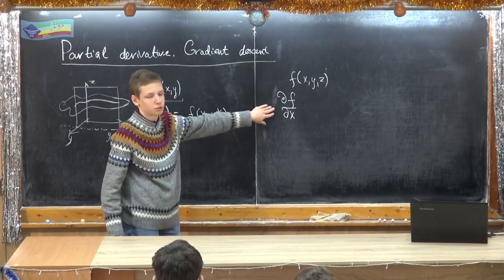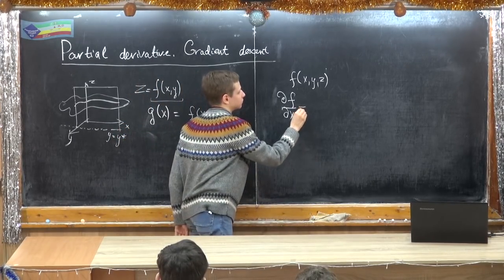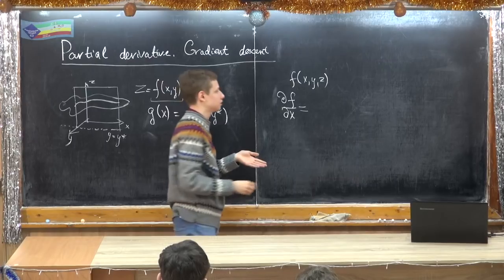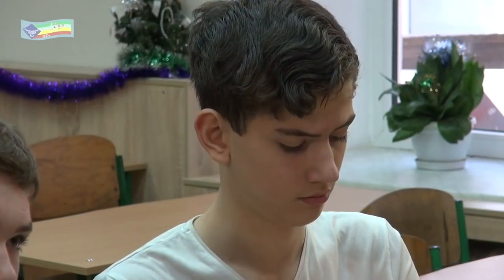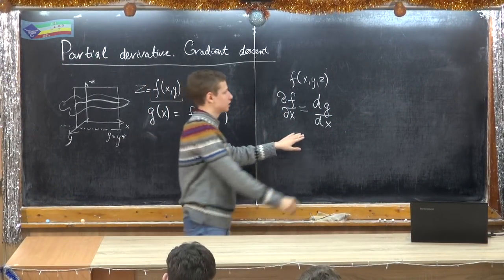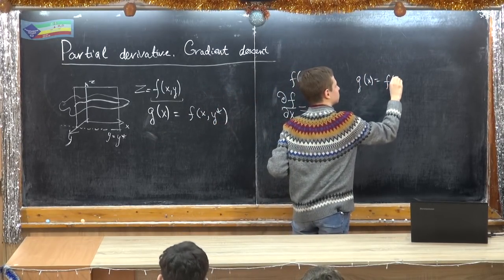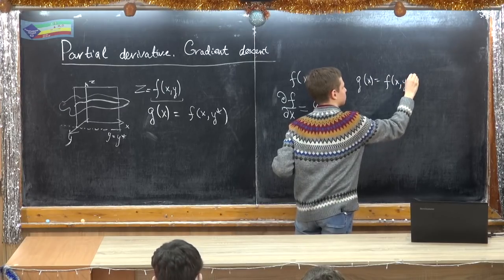So this is the notation of the partial derivative. Then it can be rewritten as just the derivative of a new function which depends only on x, and this function can be defined as follows.